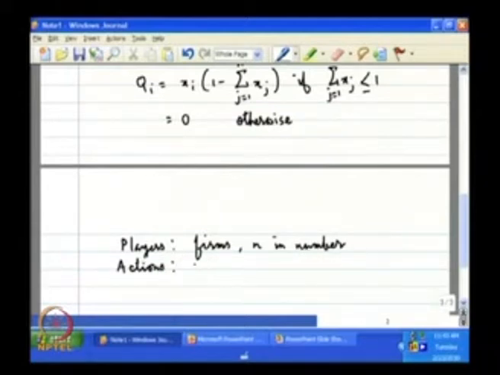The actions are the resource used, given by xi. xi is always less than or equal to 1 and greater than or equal to 0.